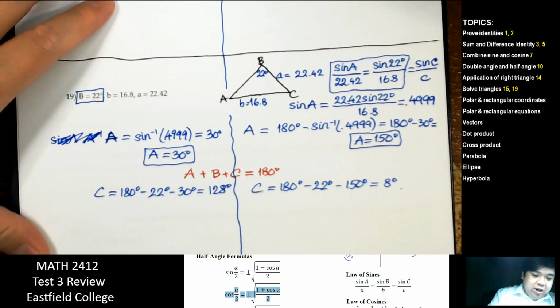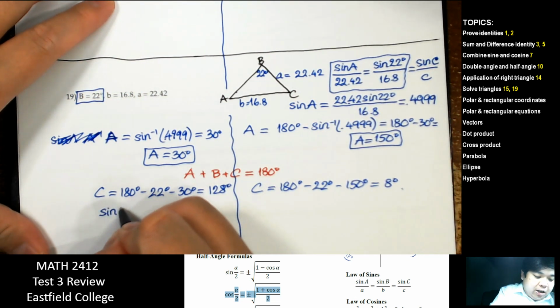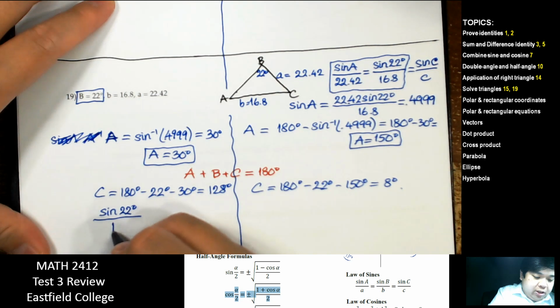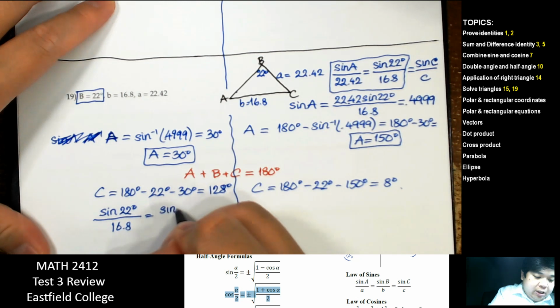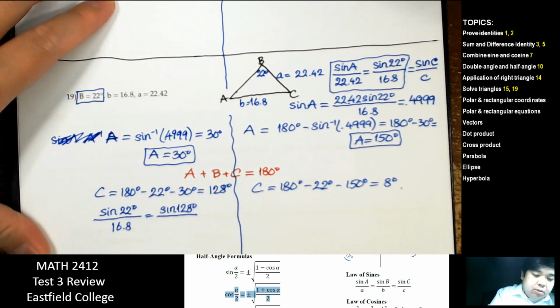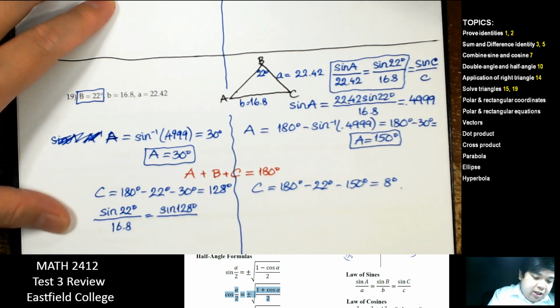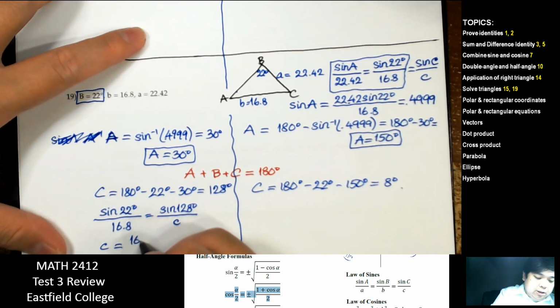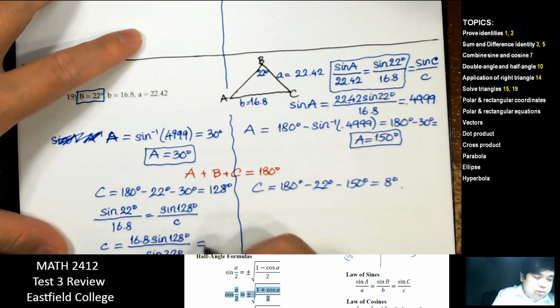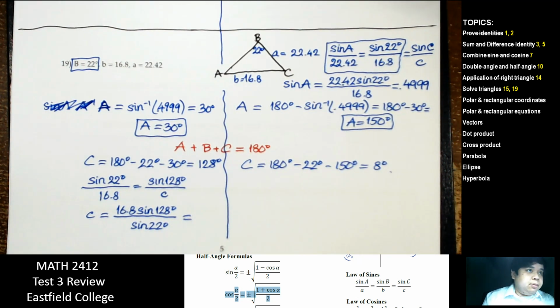So now let's write out what we have. Originally we have sine of 22 degrees, that is B over 16.8 equal to sine of C. Now we know it's 128 over little c, which we don't know, and we solve for it. I just do this quickly.